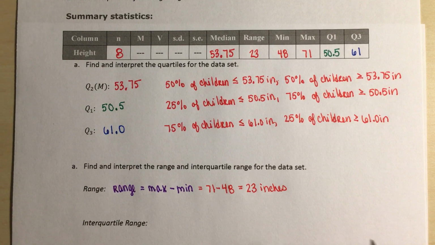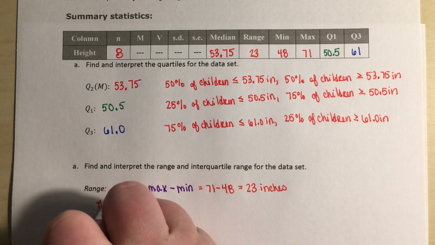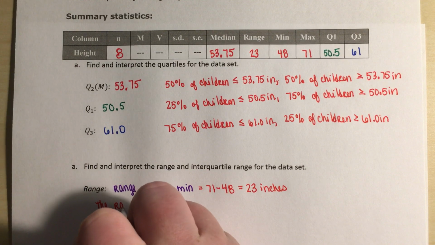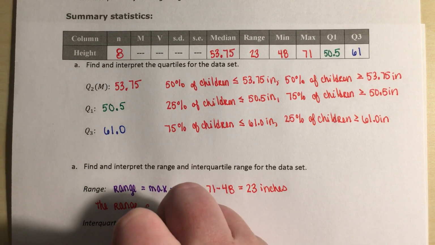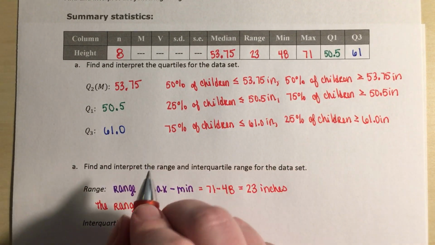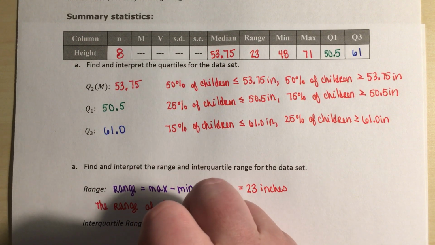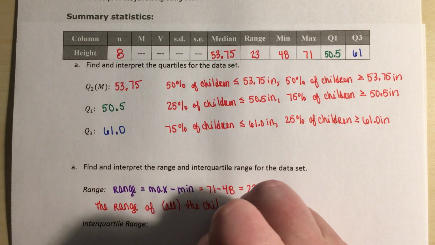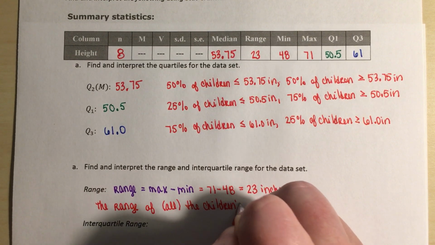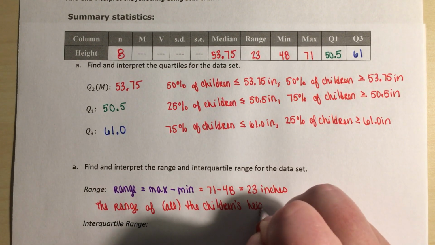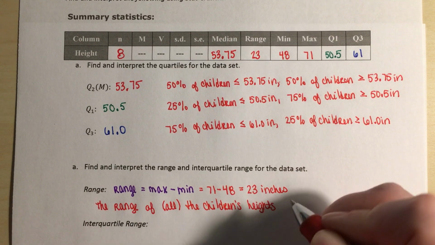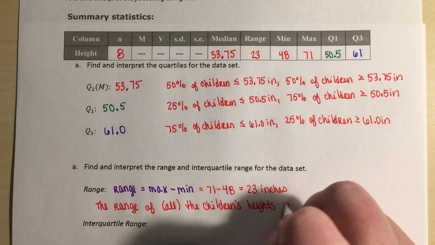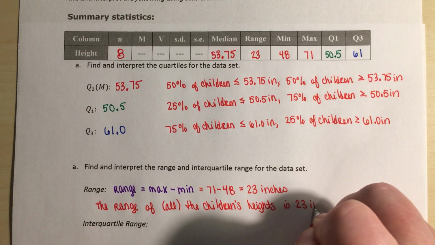So the range of all the children's heights is 23 inches.